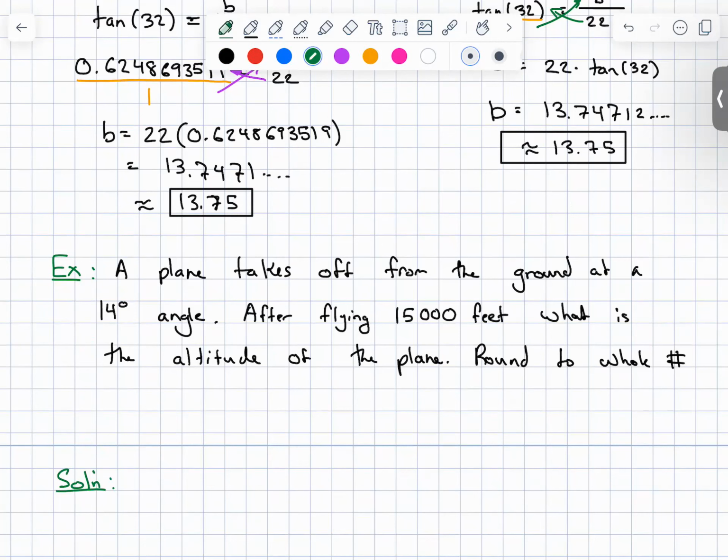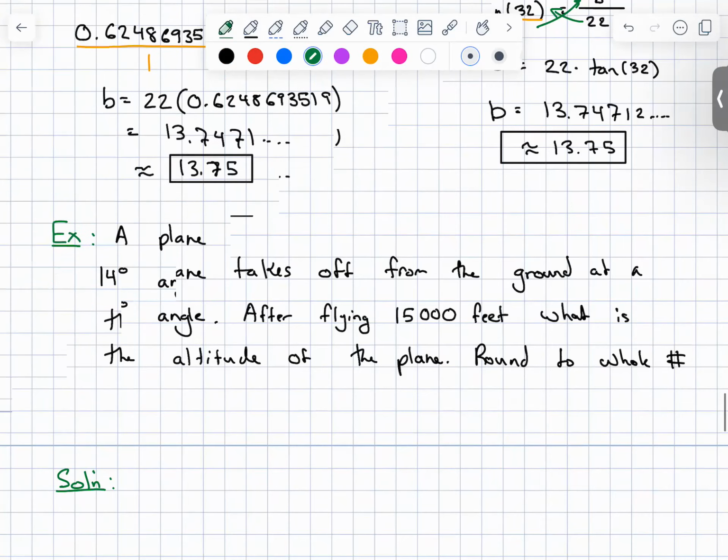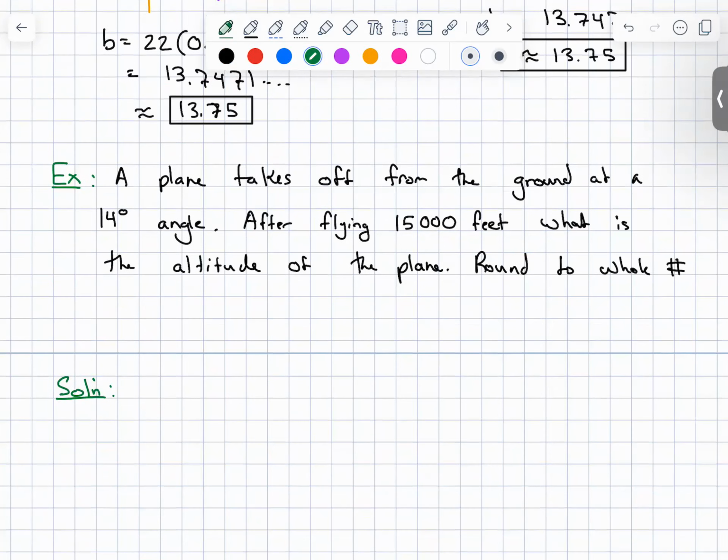So this time we're not given a picture, so we're going to have to imagine it. Sometimes you will be given a picture, other times you won't. So imagine we're on the ground and we have our super cool airplane.